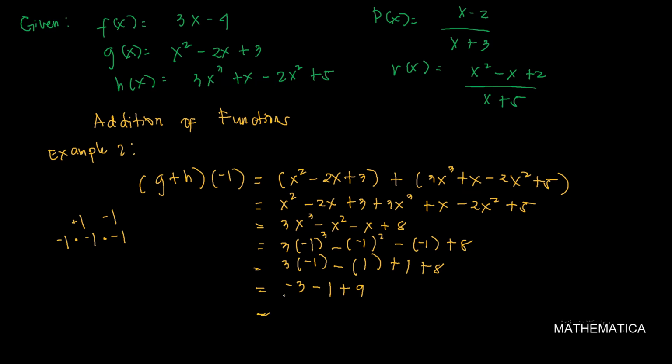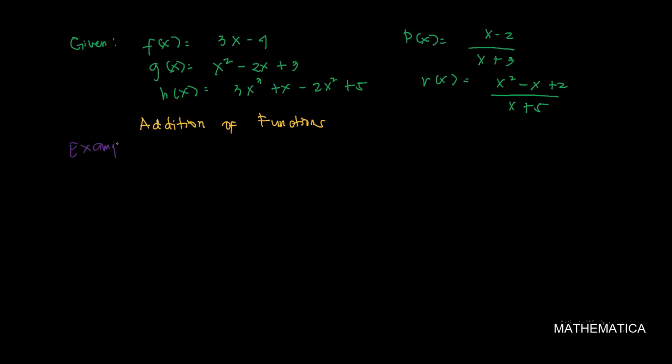Next, negative 3 plus negative 1, meron tayong negative 4 plus 9. Negative 4 plus 9, we will have positive 5. Ito na yung final answer natin. So, G plus H of negative 1 is equal to 5.